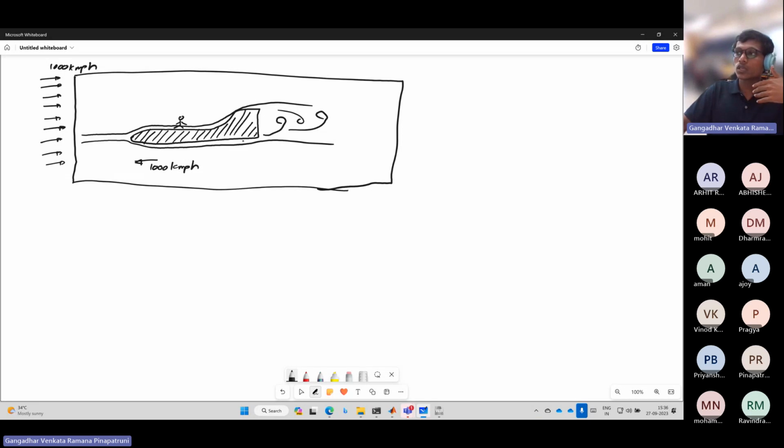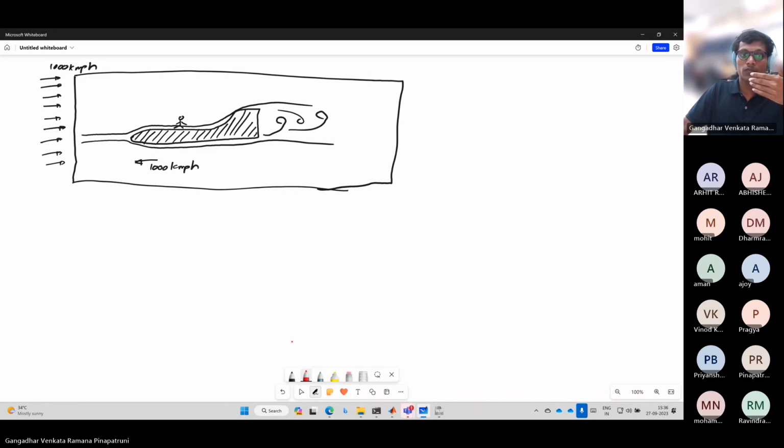So you have to give the software a condition, saying that this outer region, let me draw it once again, is a wall condition. Wall means the flow cannot enter through the wall, right?